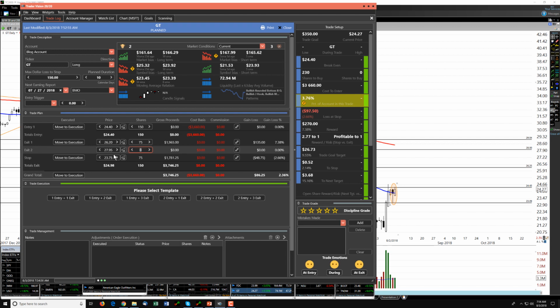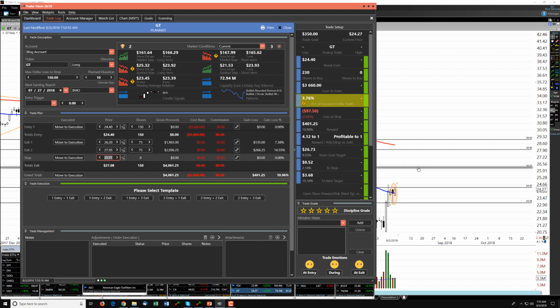And if we make it to that second target, completing the RBB, we're looking at over 4 to 1 with a $400 reward, and overall we've just got a $97, let's call it $100 risk to our initial stop, and so that's well worth it.